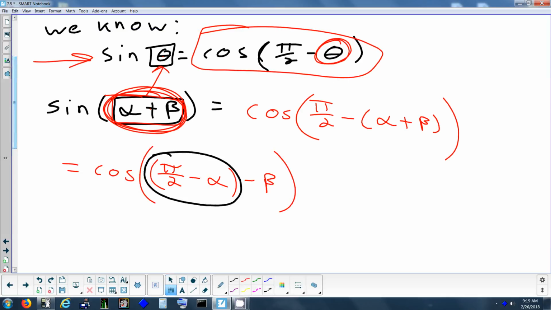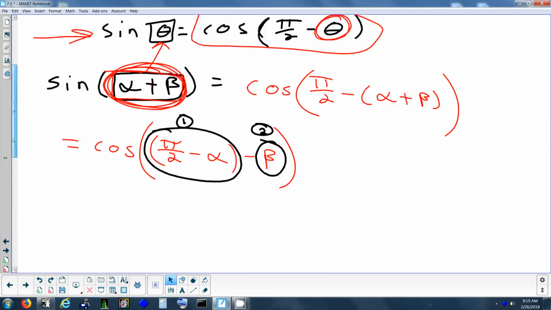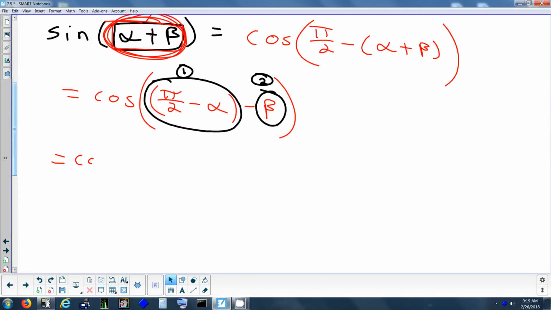That's going to be my first, and that's going to be my second. Now we're going to use the cosine difference identity: first, second. So cosine, cosine, plus sine, sine. Fill all that in, and it's going to simplify nicely.